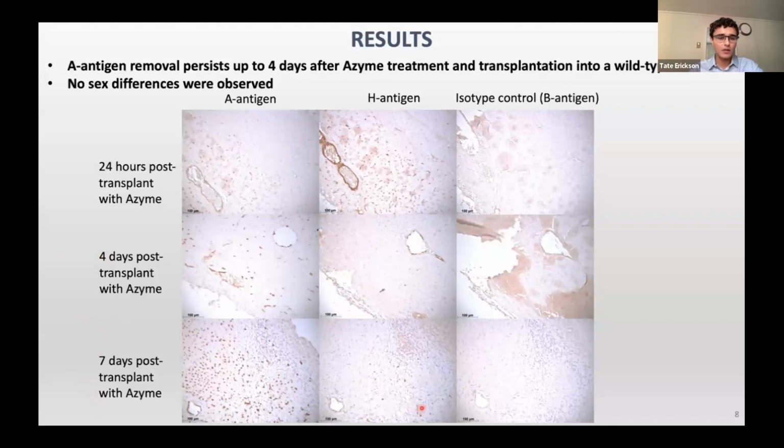We see a similar pattern in H antigen staining to what we saw previously: as more A antigen staining is present, less H antigen is present. So that's showing us that conversion between the two antigens is still occurring, complete and not partial, as it's a 2-enzyme system. We're not getting stuck in the intermediate.